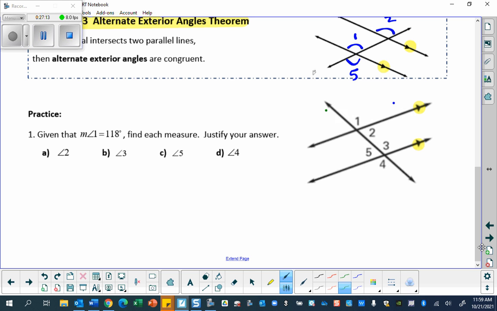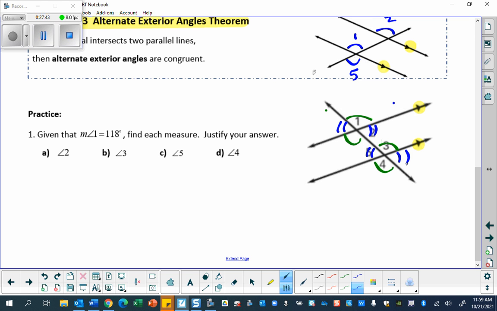At the bottom of 3.1b, we want to make sure you understand, hey, when somebody gives you some parallel lines, you can right away jump in labeling which angles are going to be obtuse, which angles are going to be acute, and every single angle within that whole system, once the lines are parallel, is one of those two measures.